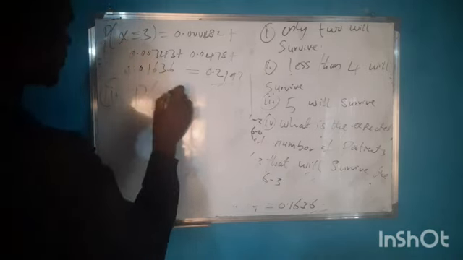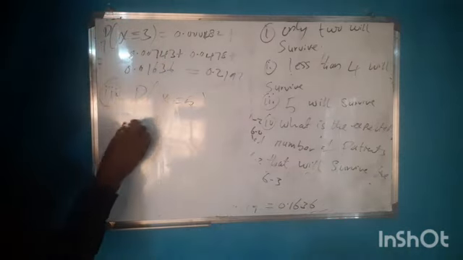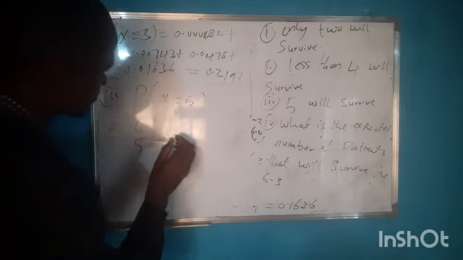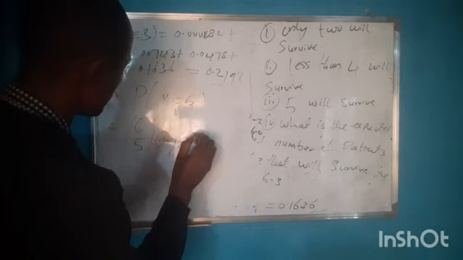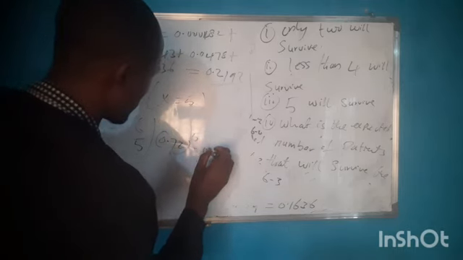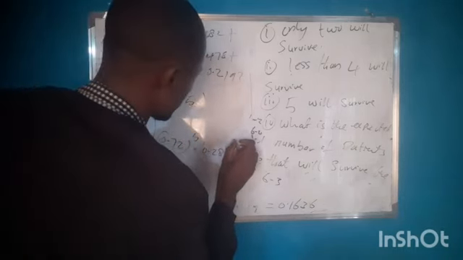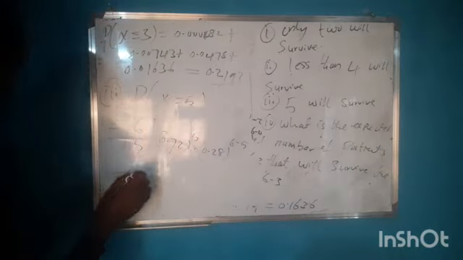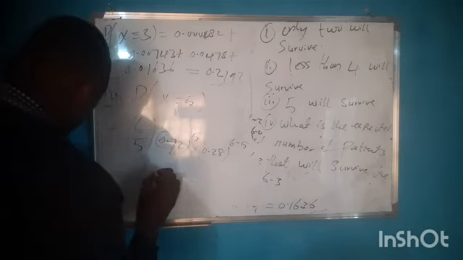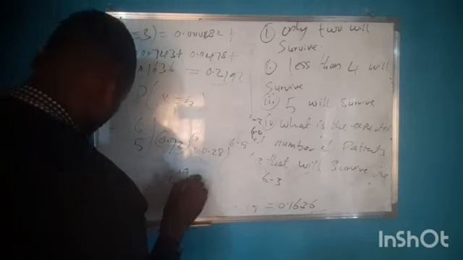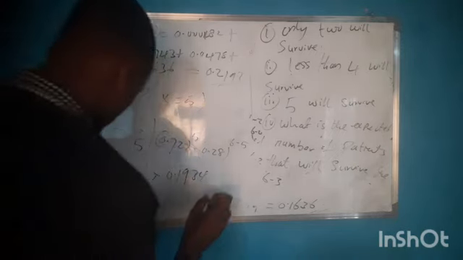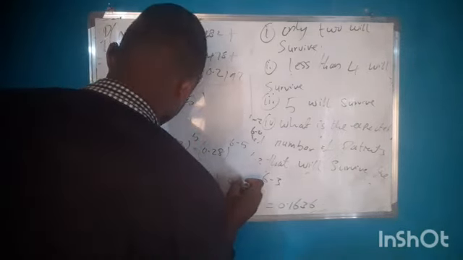Okay. Now the probability that only 5 will survive the surgery: probability of x equals 5 is equal to 6 combination 5 multiplied by 0.72 raised to power 5 multiplied by 0.28 raised to power 6 minus 5, which will give us 6 multiplied by 0.1934 multiplied by 0.28.